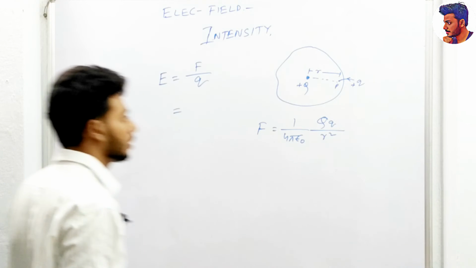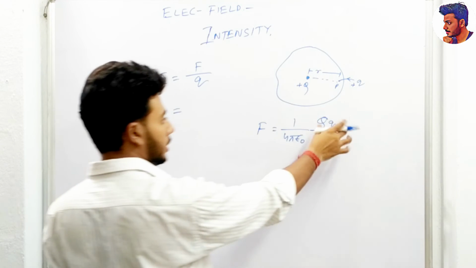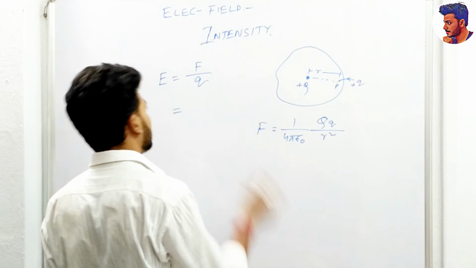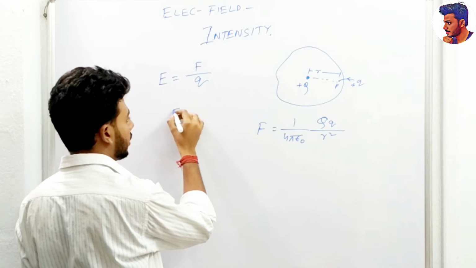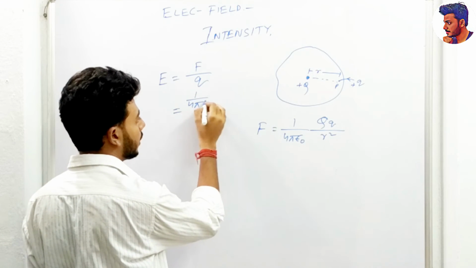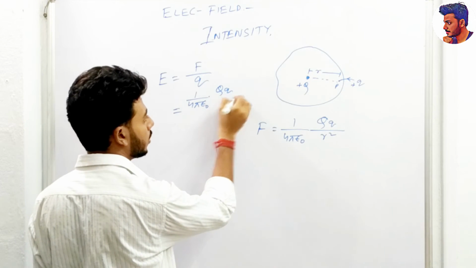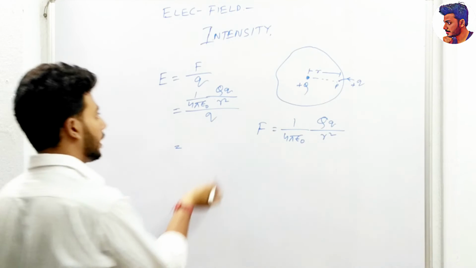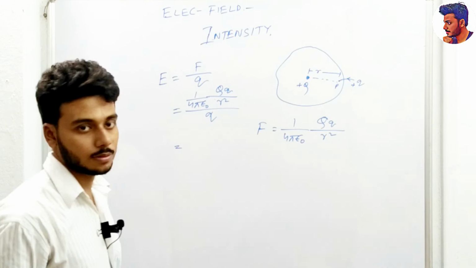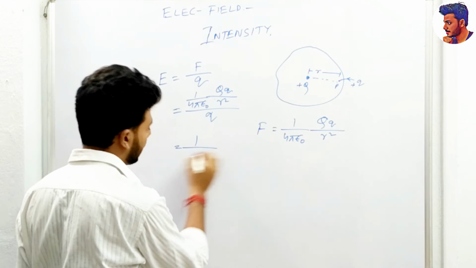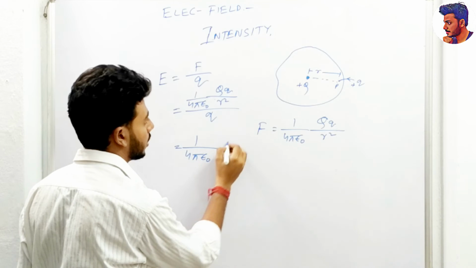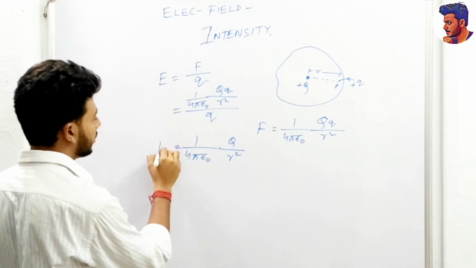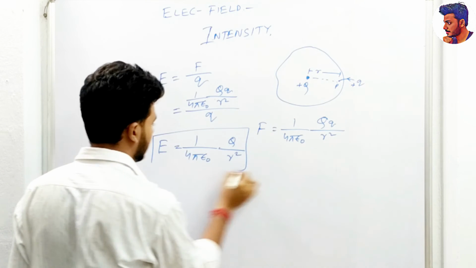I'm assuming these charged particles are in vacuum or an air medium. So the electric field is 1 by 4 pi epsilon 0 times Q divided by R square, divided by Q. You can easily see that this Q and this Q cancel out. So what remains is Q divided by 4 pi epsilon 0 R square. This is the expression for the electric field.